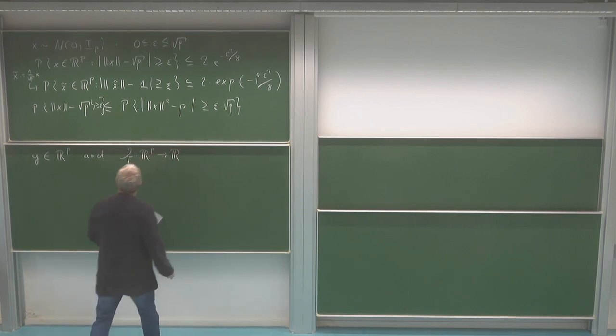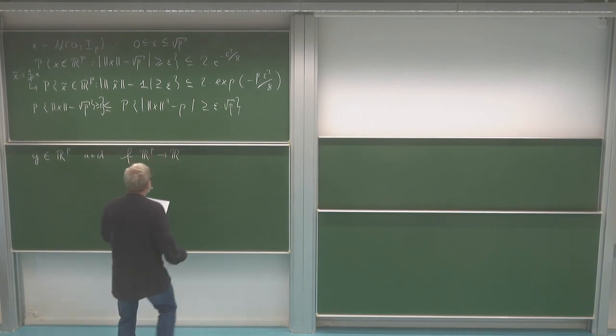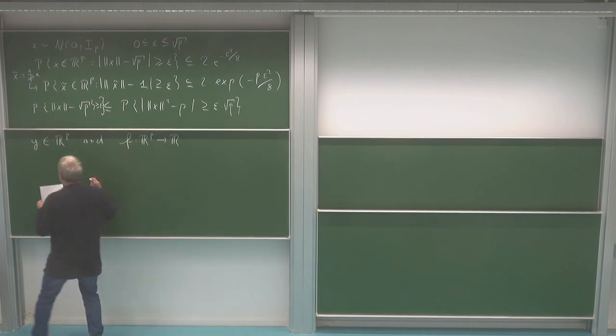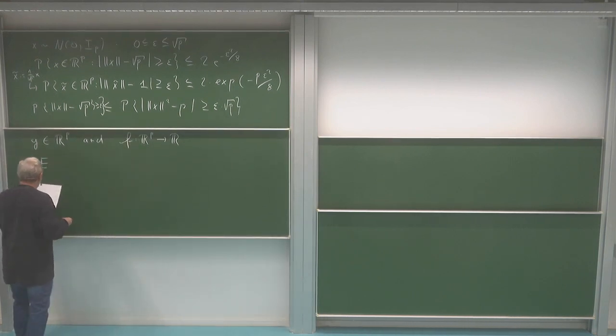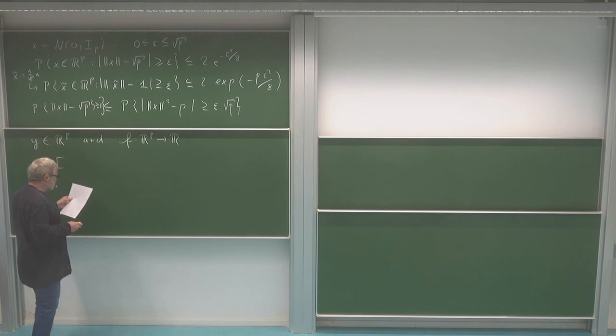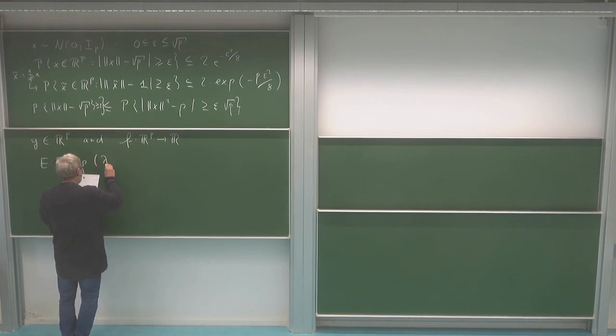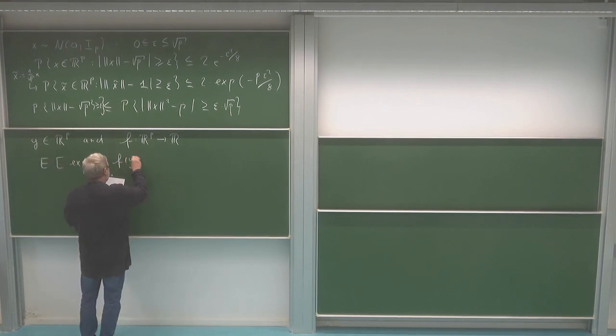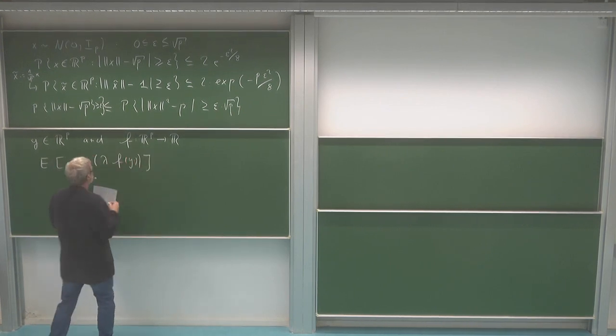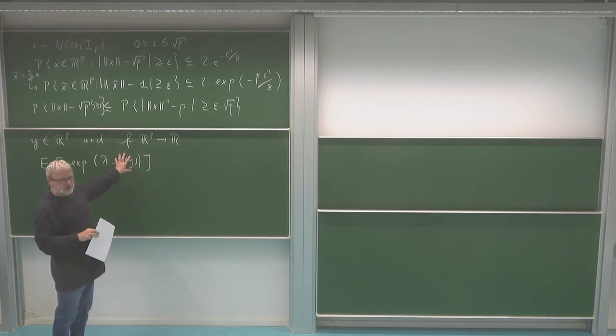So it's a function from R^p to R, and then I'm looking at the moment generating function. I take the expectation of the exponential function of lambda f(y). So f(y) is the quantity in which I'm interested.